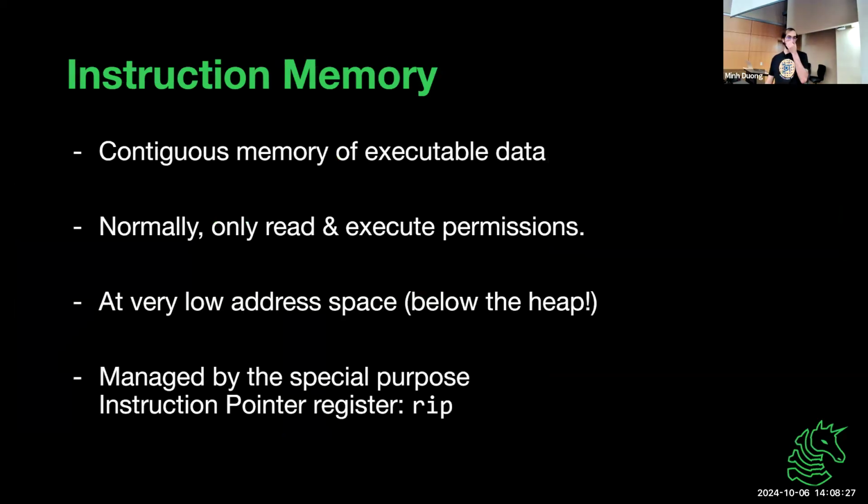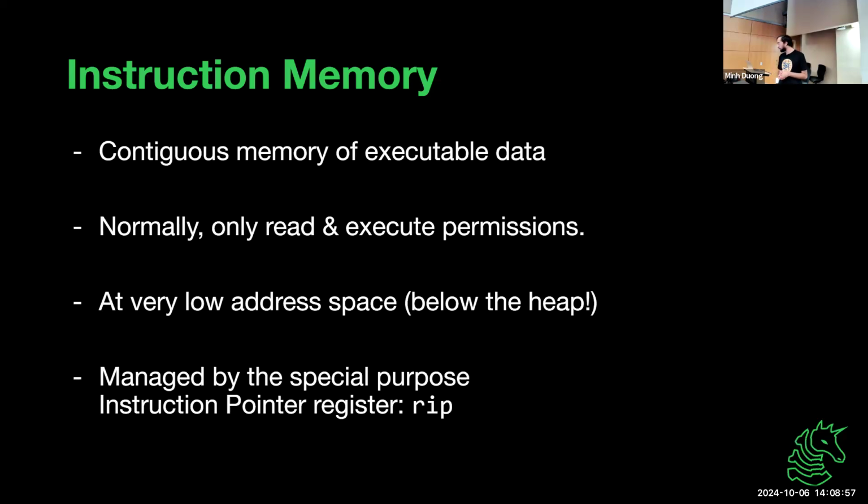Really briefly, we'll talk about instruction memory. It's just a contiguous memory of executable data. Most of our sections of memory are going to be read-write or read-only, and this is normally the only one with read and execute permissions. Obviously we don't want anyone writing to this because we don't want our program to modify itself while executing, but we do want it to be able to execute.